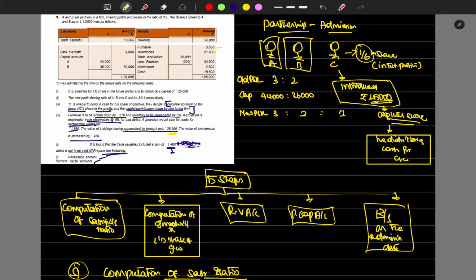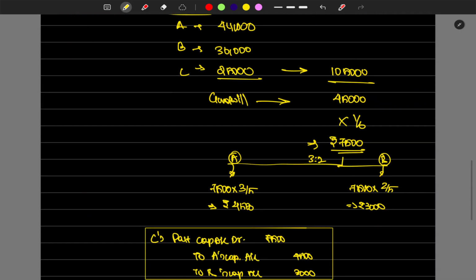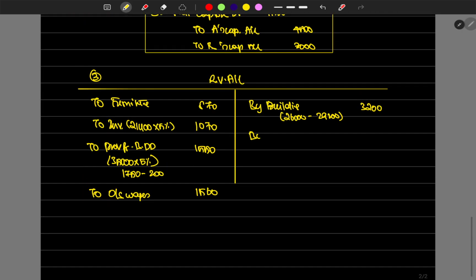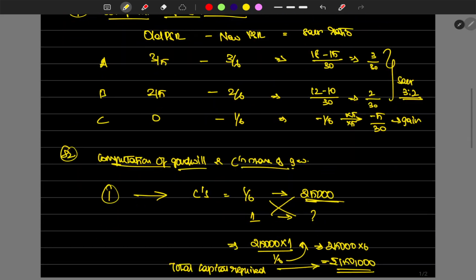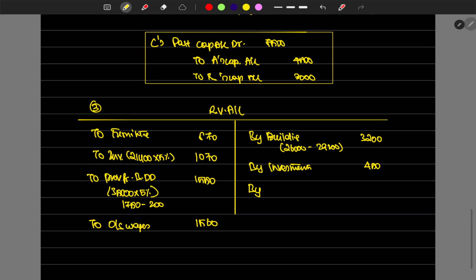Then investments increased by 450, so investments 450. Any other? Trade payables included a sum of rupees 1,400 which has not to be paid, so this is our profit. Liability reduced, which is trade payables.